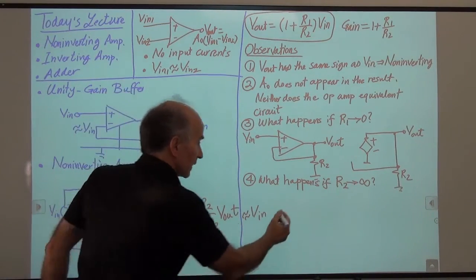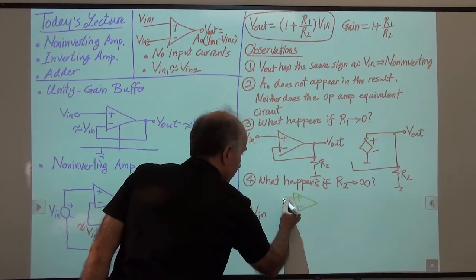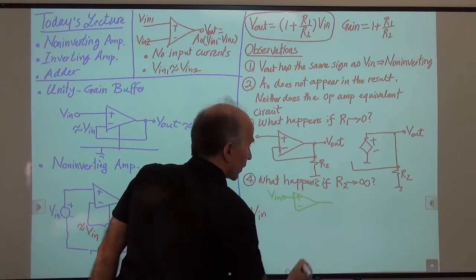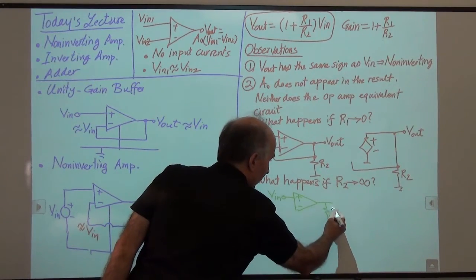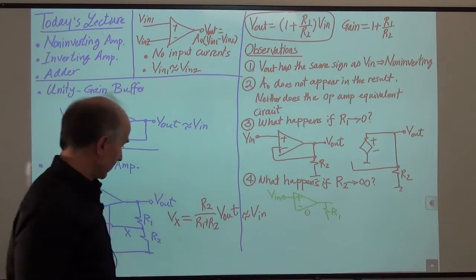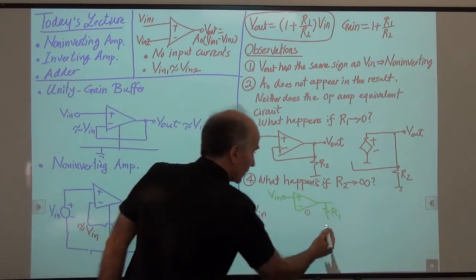When R2 is infinity, here's the situation. We have our op amp sensing V in, and then R1 is still there. We didn't change that. But R2 is infinity, so it's an open circuit, right? We throw away R2, we just keep R1. So here's what we have.